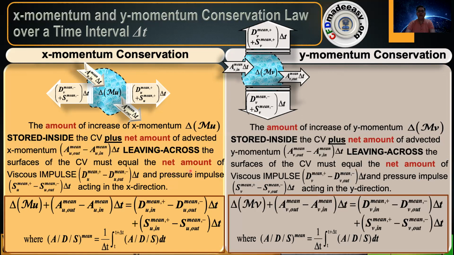So here for the first time you are getting introduced to the vector conservation law, and for a 2D Cartesian coordinate system in this slide it is presented separately for X momentum conservation and Y momentum conservation. The statement of this law is applicable over a time interval. This is proposed as a discrete form of the conservation law.